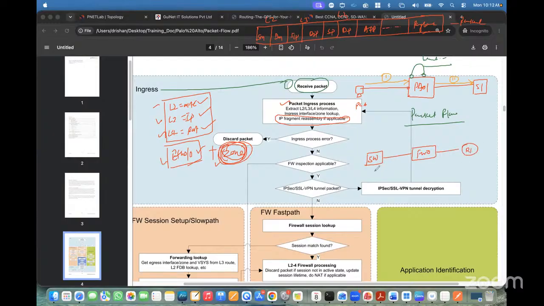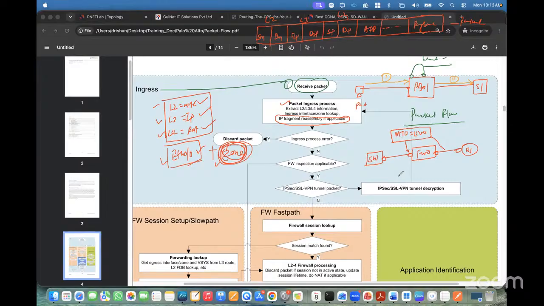Every interface has some capacity to transfer a packet, meaning the size of the packet. By default, if you check any interface, the MTU, maximum transmission unit, is going to be 1500. So any interface by default will transmit or receive a packet size of 1500.